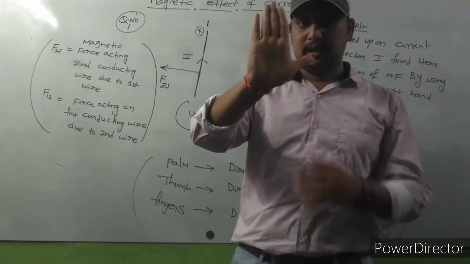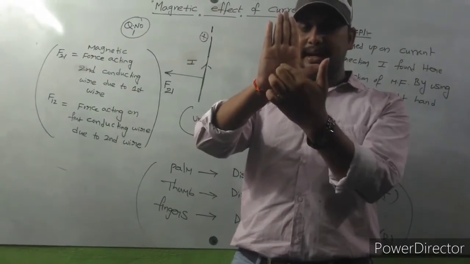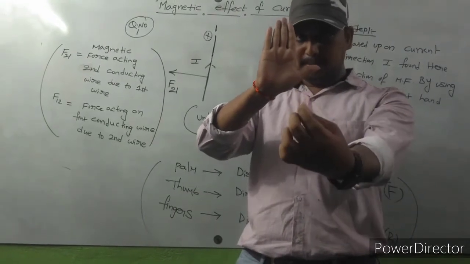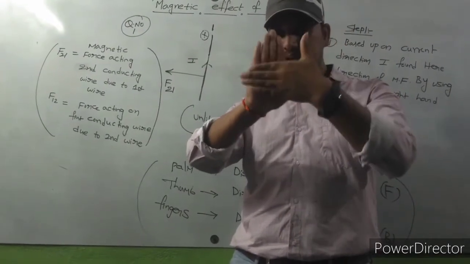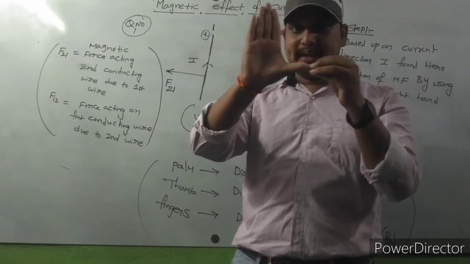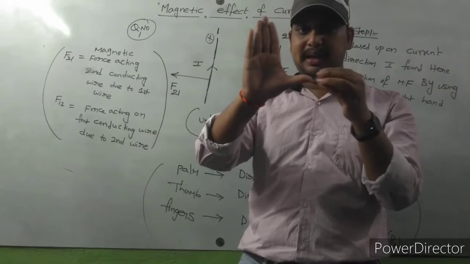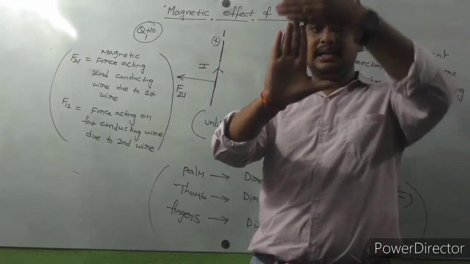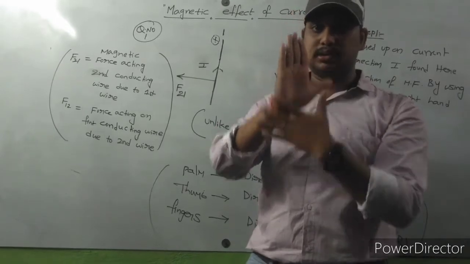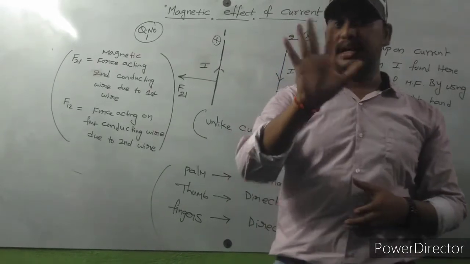The palm indicates the direction of magnetic force. Fingers indicate the direction of magnetic field. Thumb indicates the direction of current. So these are the three directions.